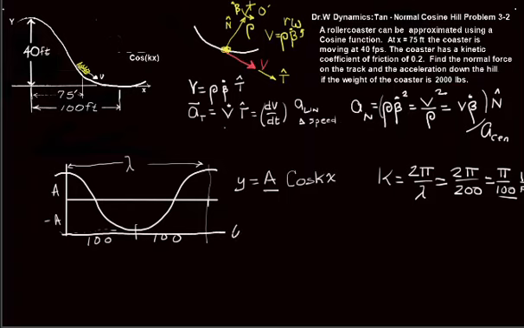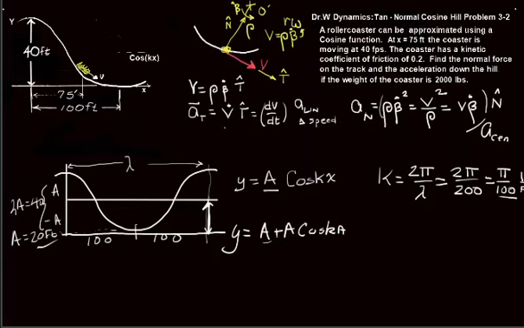But in order to do that, y would be A plus A cosine of kx. We're basically adding A to all points of the curve, which is going to push it up higher in the air. If we look at it that way, 2A is 40, so A is 20 feet.